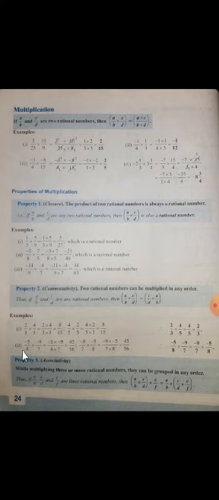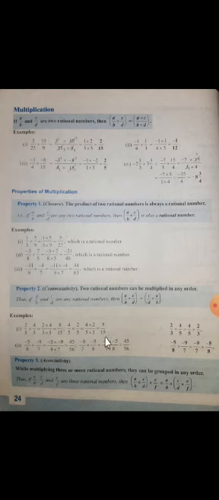Let's have some examples. They have taken here 2 by 3 into 4 by 5. 2 by 3 and 4 by 5, if we multiply, we will get 8 by 15. Now if we interchange, first we had taken 2 by 3 and then 4 by 5. Now let's take 4 by 5 first. So they have taken 4 by 5 and last they have taken 2 by 3, and multiplying, it will come the same, 8 by 15.